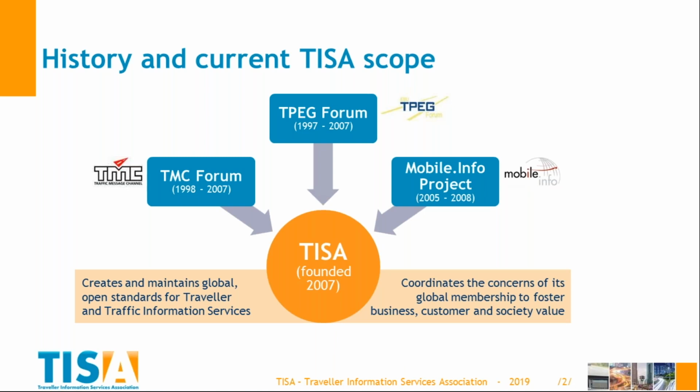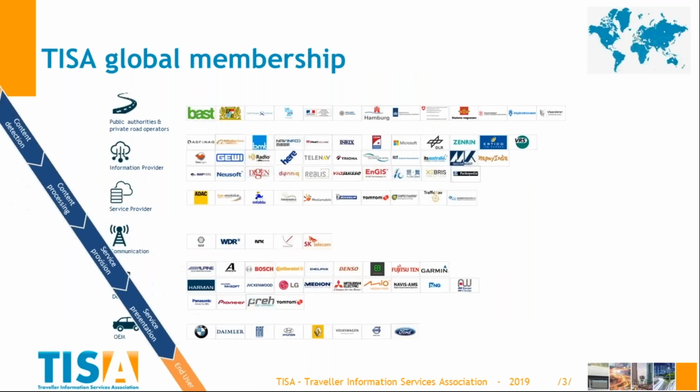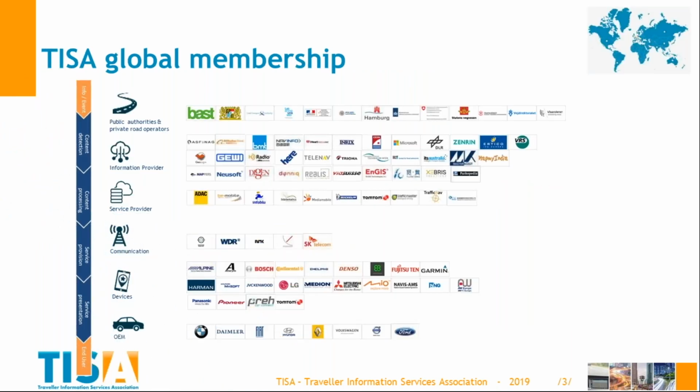Very important as well is the global membership. Our main goal is to promote these technologies and to foster business. Just to give you a quick overview of global membership, we have today 90 organizations who are members of TISA. As you can see, there is a good balance of public and private organizations, across sectors.